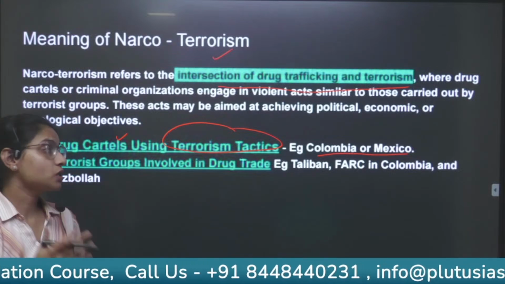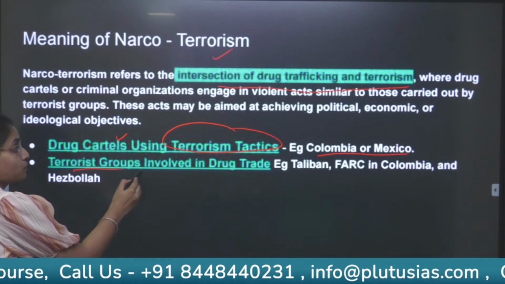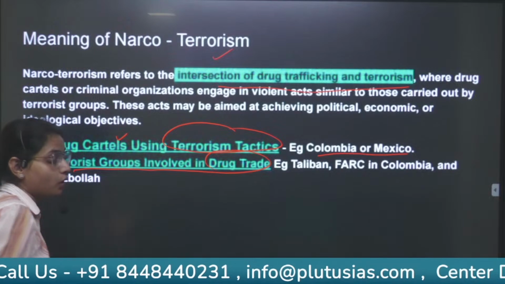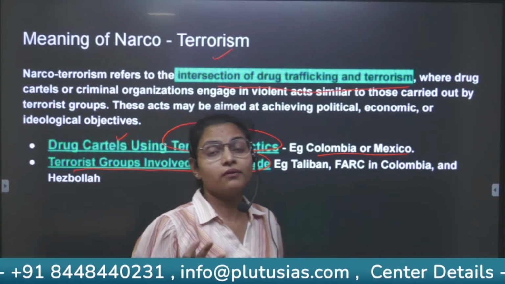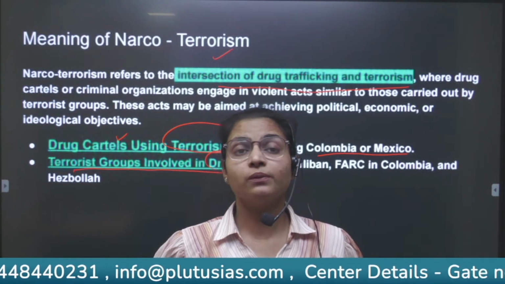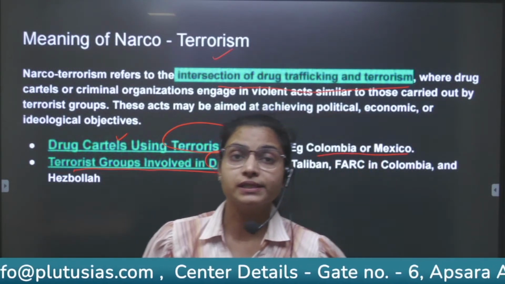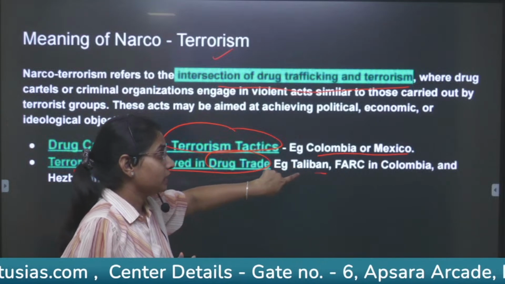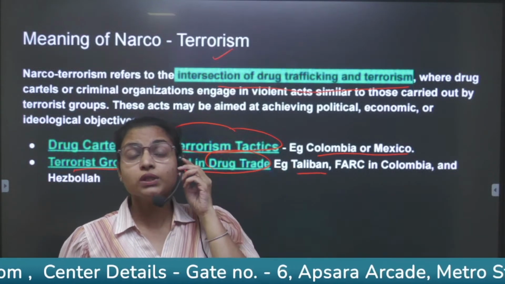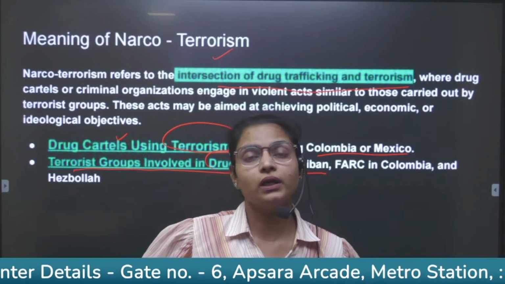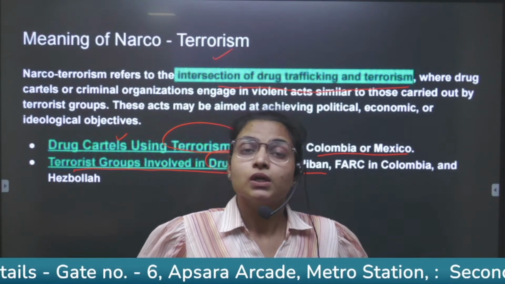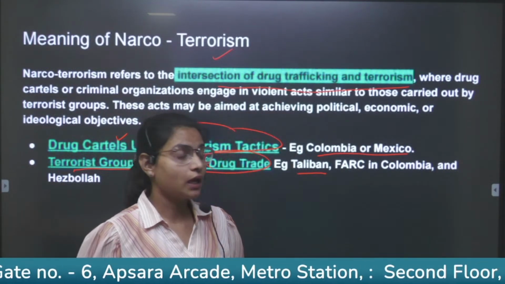And the other case could be that terrorist groups may be involved in the drug trade, because whatever revenue comes from the drug trade helps to continue the terrorist activities. For example, the Taliban in Afghanistan, having around 80% of the opium growing area in Afghanistan. So this way you can explain narco-terrorism.